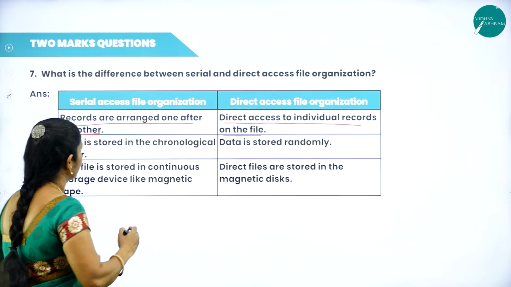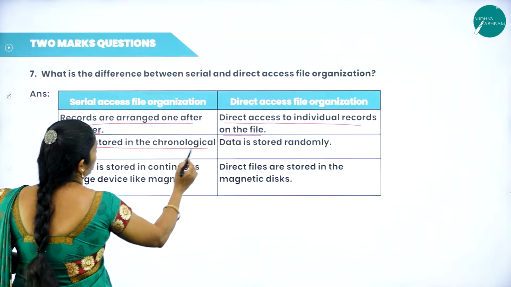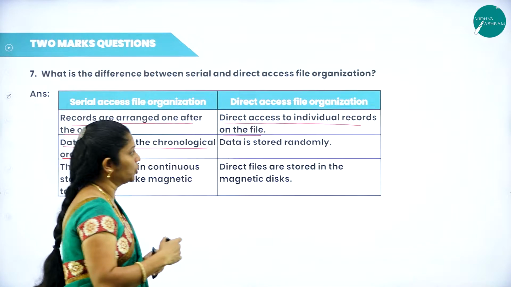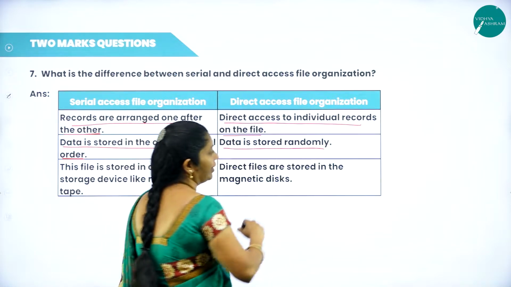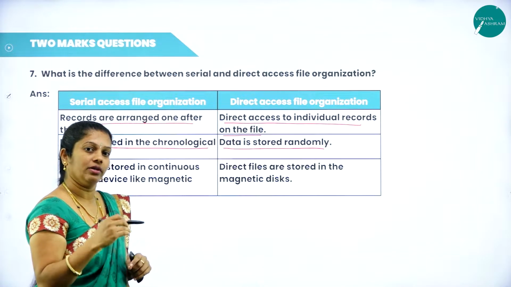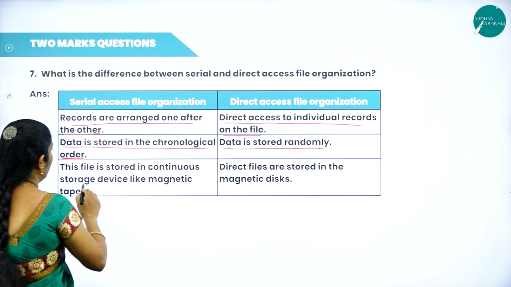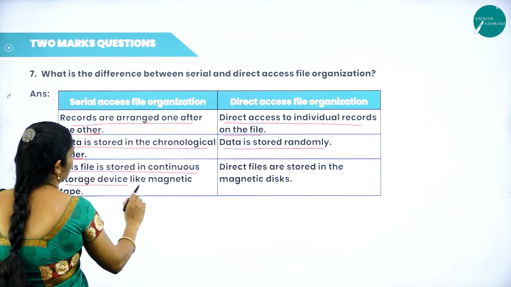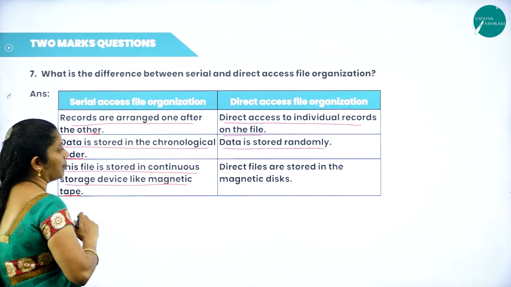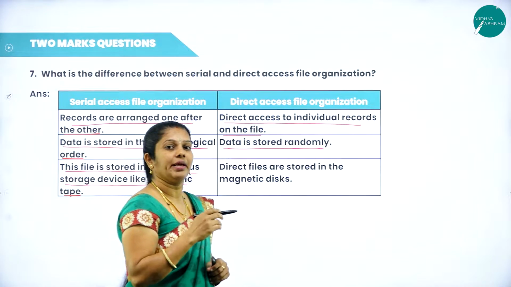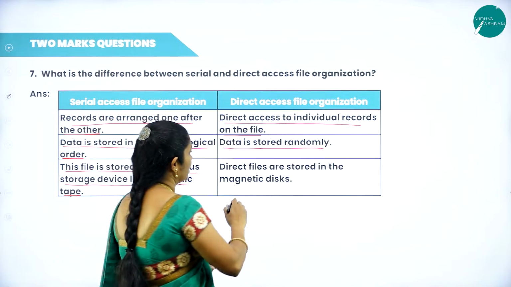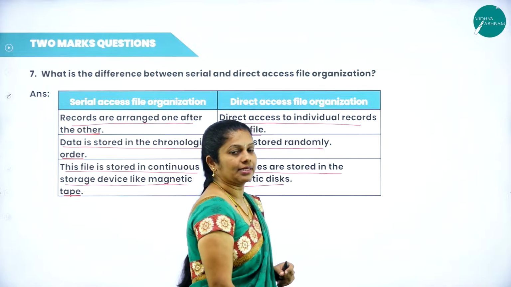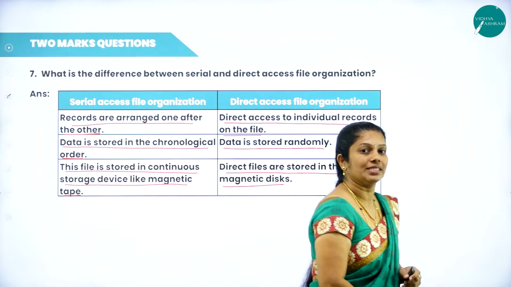In serial, data is stored in chronological order, the way it was inserted. In direct, data is stored randomly, but whichever record I want, I can access directly. Serial files are stored on a continuous storage device like magnetic tape. Direct files are stored on magnetic disk, that is, a direct access storage device.